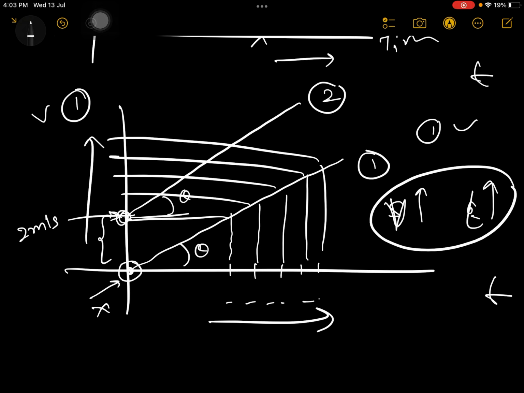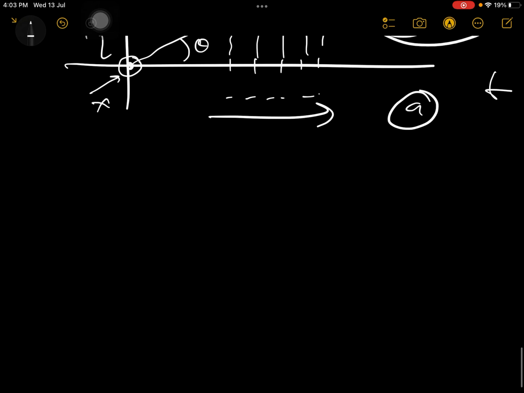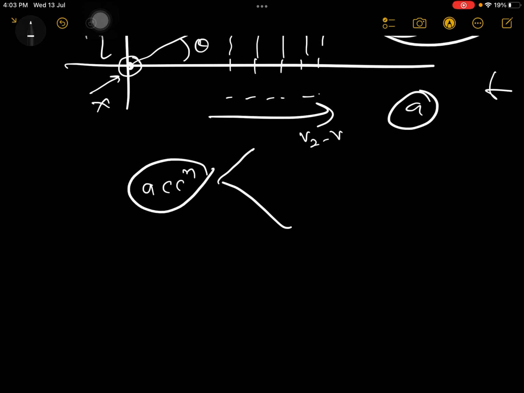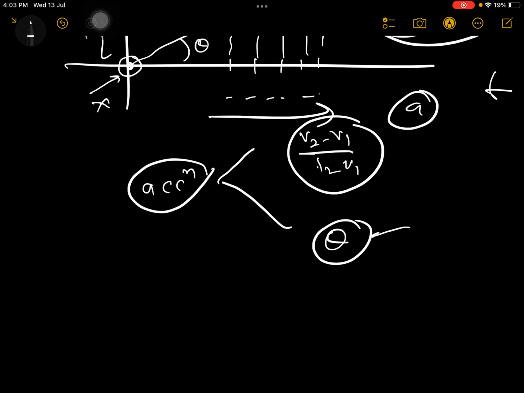Yes, motion is there. Is it uniform or non-uniform? It is non-uniform, because speed is increasing. So you have acceleration. How will you calculate acceleration? If you want to calculate acceleration, there are two ways. Either you use the concept v2 minus v1 by t2 minus t1, so data should be given, or you find it with the help of theta. Again, data should be given. It means what?